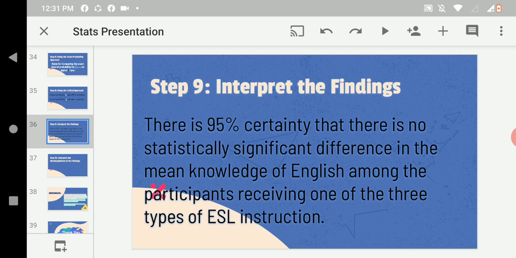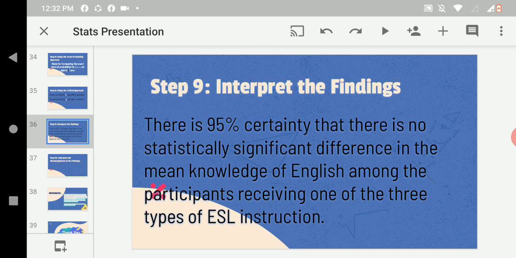As you can observe, the sentence is just like the null hypothesis, but we included the 95% certainty, because of the 5% alpha.